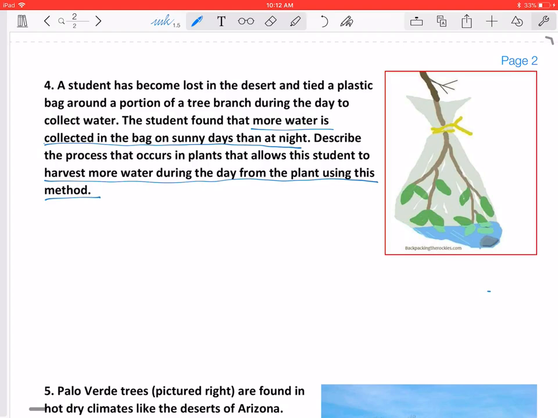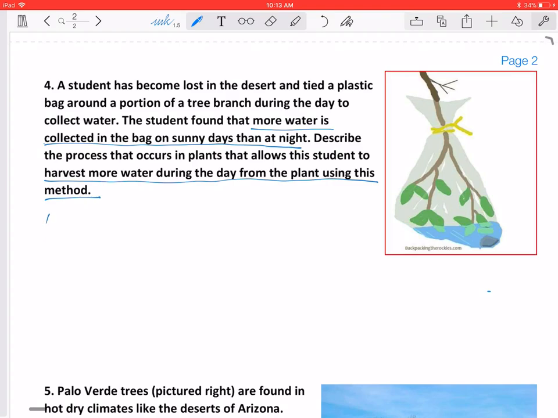They're going to take that in during the day while the sunlight is out. That's going to cause more water to transpire out of the leaves during the day, because that's when photosynthesis happens, because it needs sunlight.